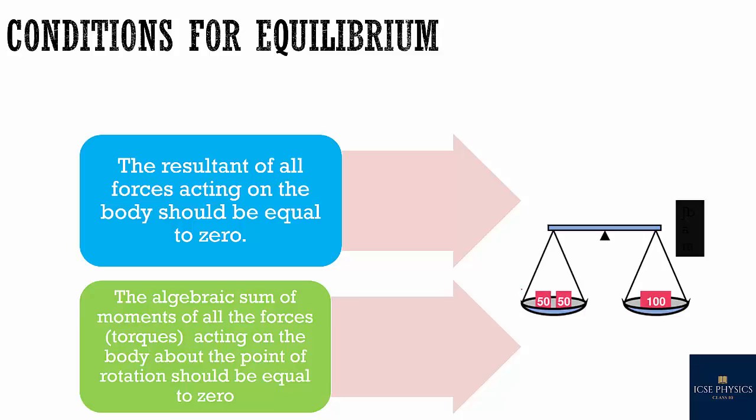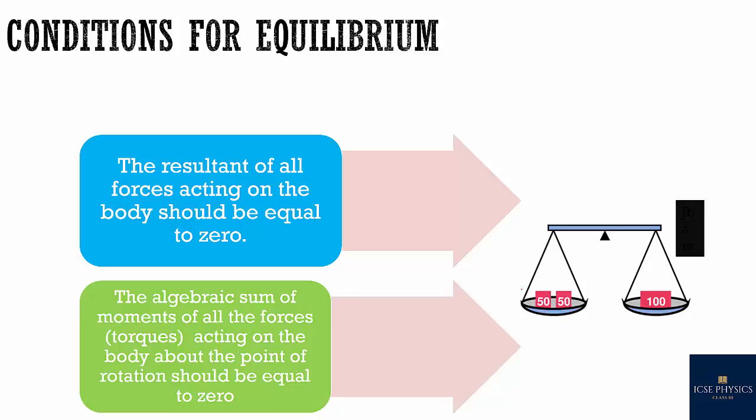Another example for dynamic equilibrium is an aeroplane which moves at a constant height, with the upward lift on it balancing the weight downwards.